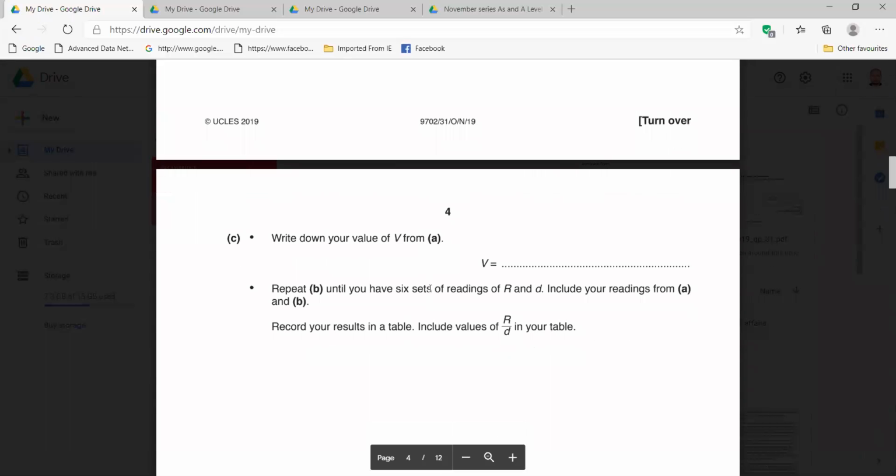The centimeter, like it can be 49.1, it can be 48.2, it can be 36.2. This way it will come. You have to show the reading to the nearest millimeter. And R by D, what will be the unit? Can you tell me?